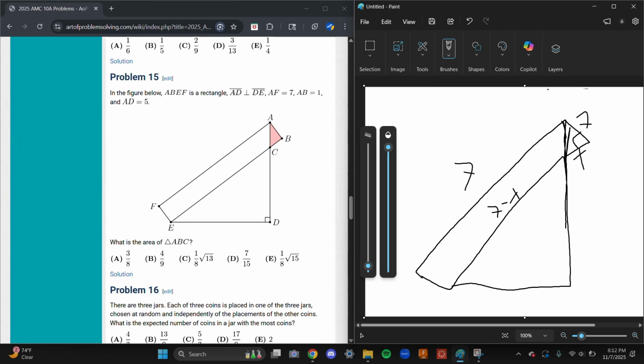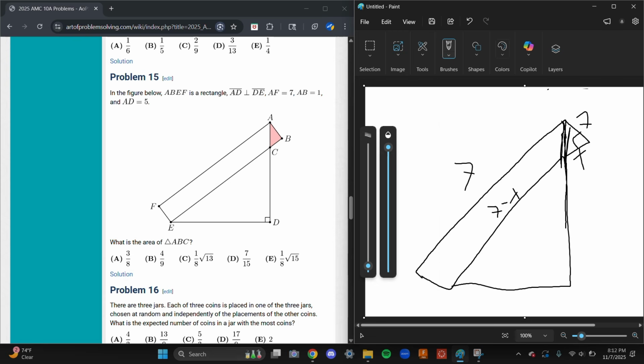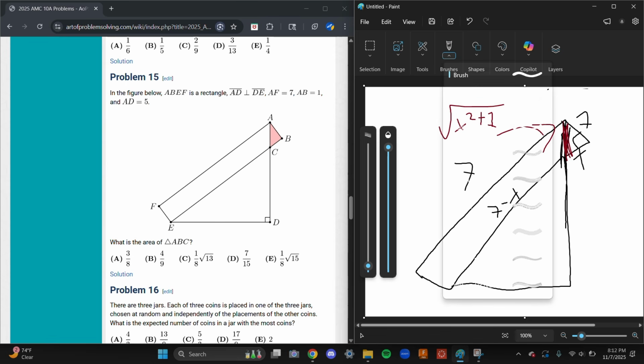So by the Pythagorean theorem, let me maybe change my color if I can. By the Pythagorean theorem, this side length here is just going to be the square root of x squared plus 1. So then by the problem's condition, the side length right below that is going to be 5 minus the square root of x squared plus 1.